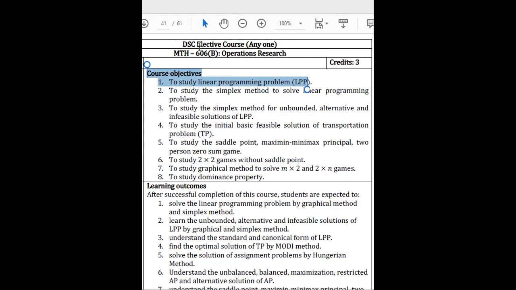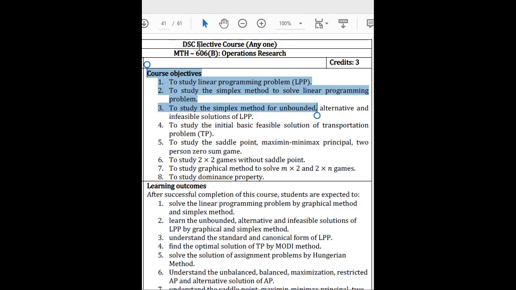Then the second objective, we will solve this LPP by simplex method. Then we will see that in simplex method, sometimes we will get an unbounded solution.